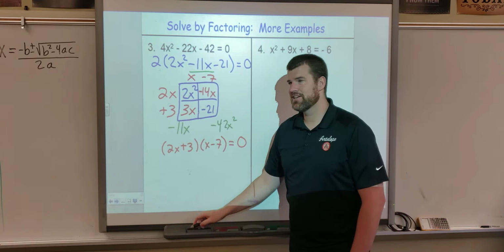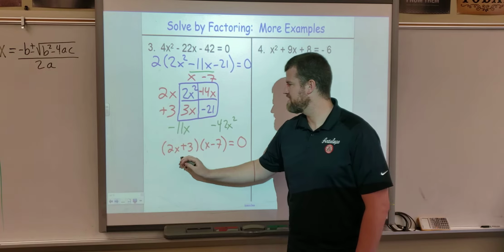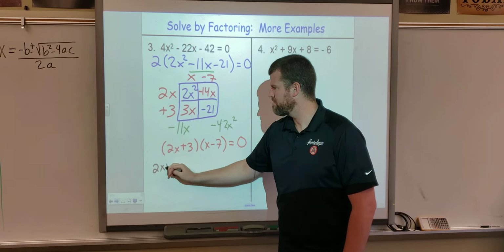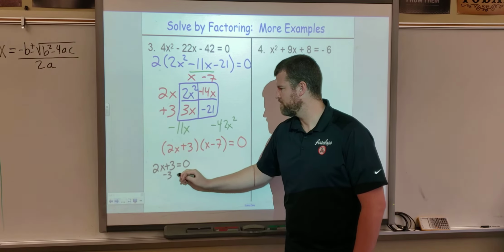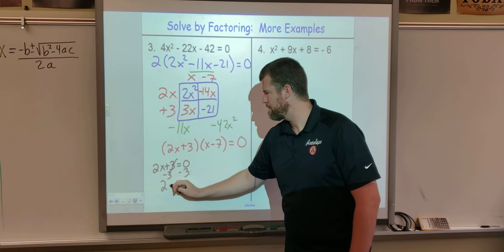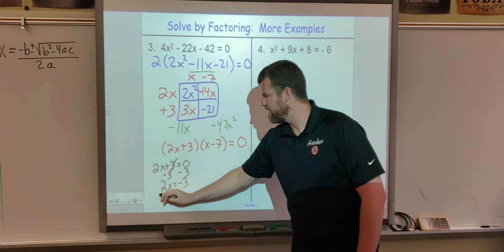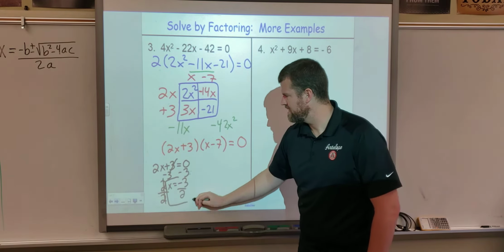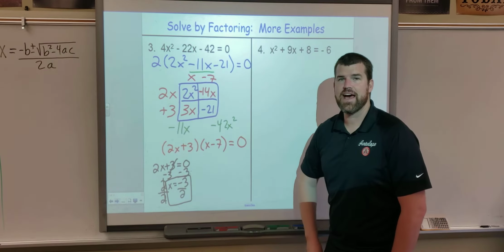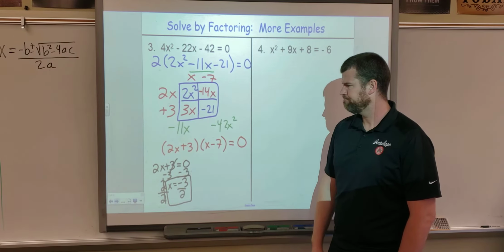Now we take each factor, set each factor equal to 0. So I take my 2x plus 3, set that equal to 0. Subtract 3 on both sides. Divide by 2. And I get that my first solution is x equals negative 3/2, or negative 1.5.